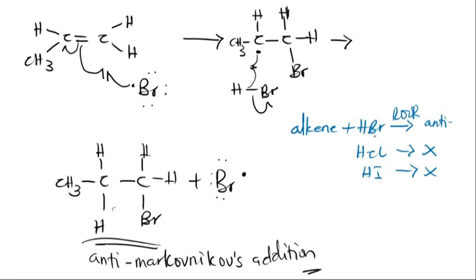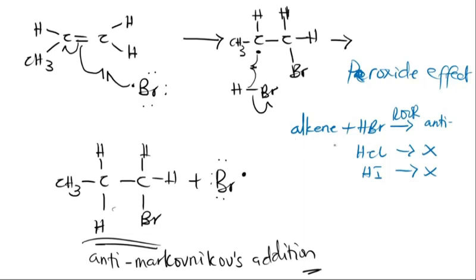alkene with HBr, because we have a peroxide over here, the peroxide brings about a new term that we call the peroxide effect. Now, the peroxide effect is simply the reversed selectivity of addition of HBr to an alkene in the presence of a peroxide.